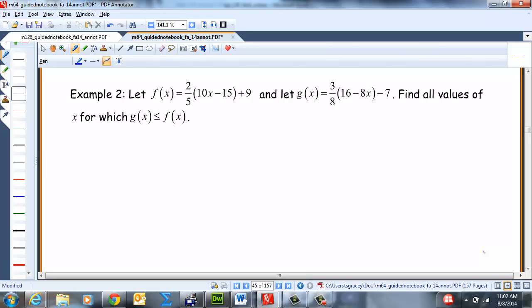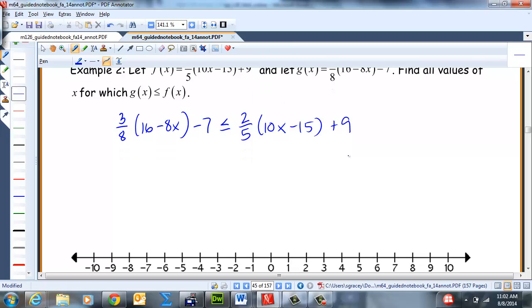I know it looks really scary, but all you do is you write the expression that g of x is equal to, which was the 3/8 times 16 minus 8x, and then minus 7, and you set that less than or equal to the expression that f at x is equal to, which was 2/5 times 10x minus 15, and then plus 9. And then you solve it and graph the solution.